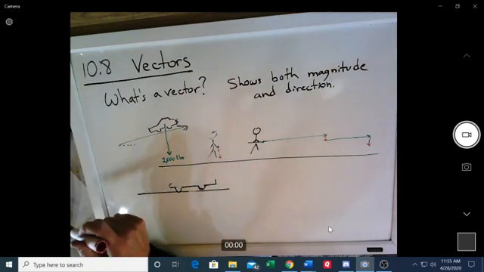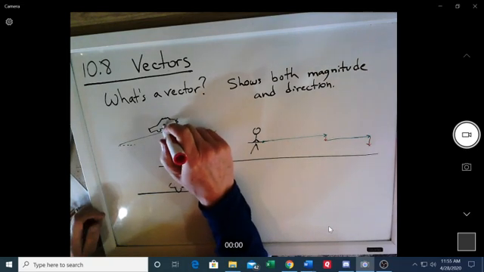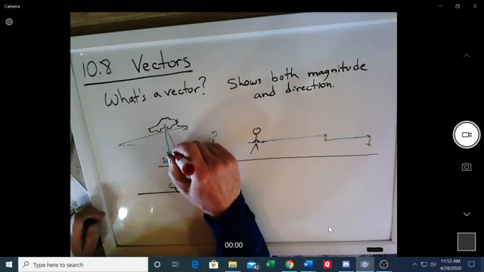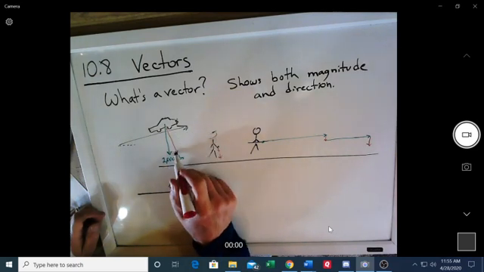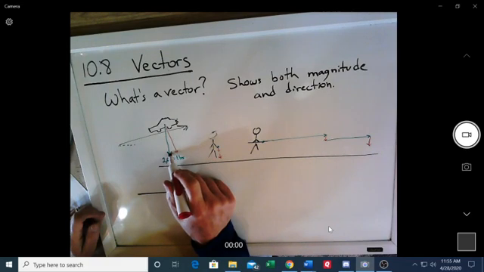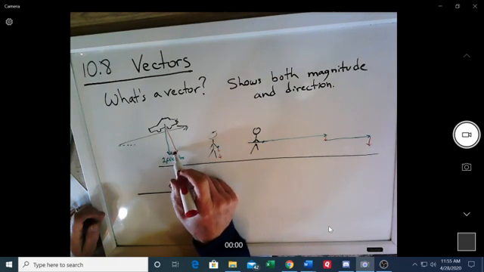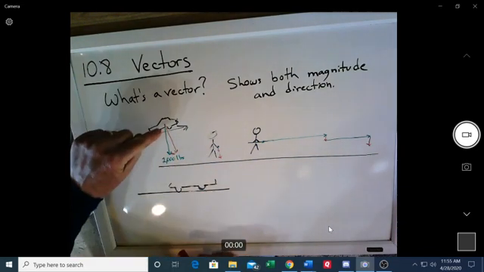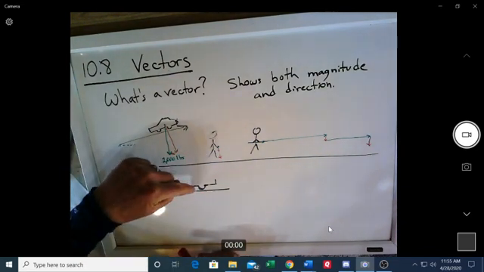A portion of this will be perpendicular to the road, and a portion of it will be parallel to the road. And the portion of it that's perpendicular to the road is just like this one right here.